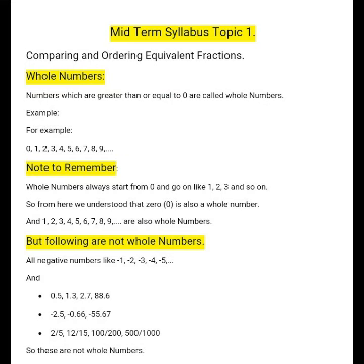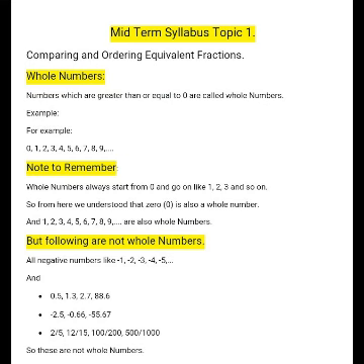88.6, meaning those numbers which have a point in them, or -2.5, -0.66, -55.67, or 2 by 5, 12 by 5, 100 by 200, 500 by 1000.